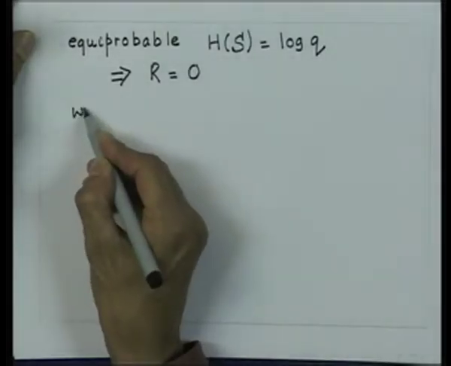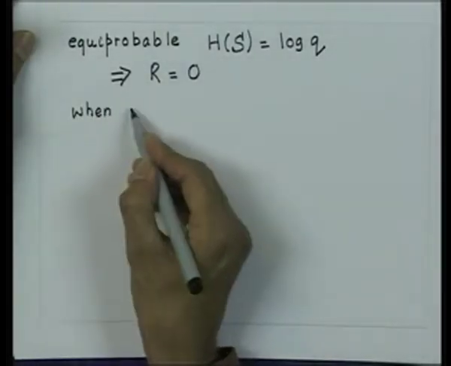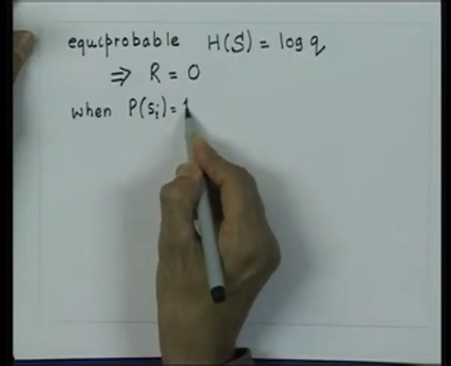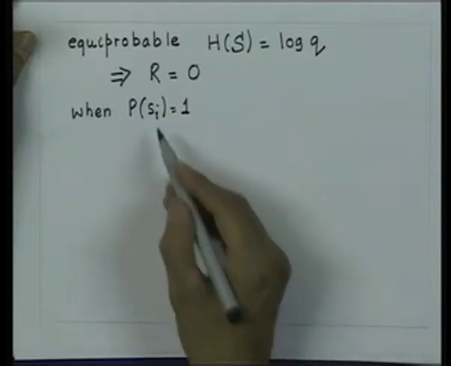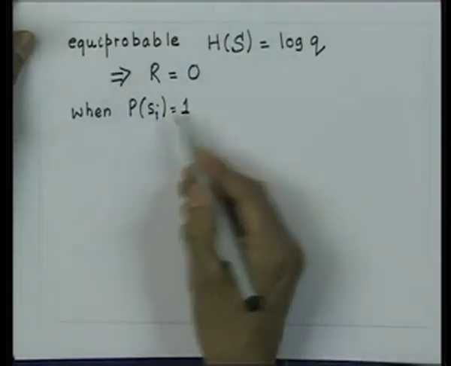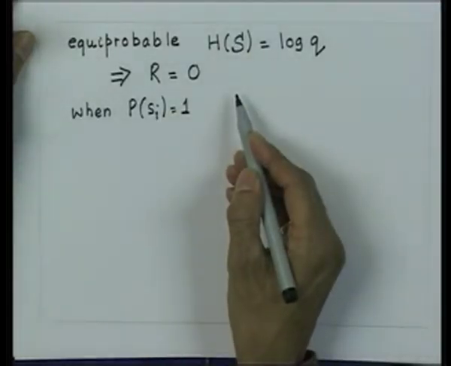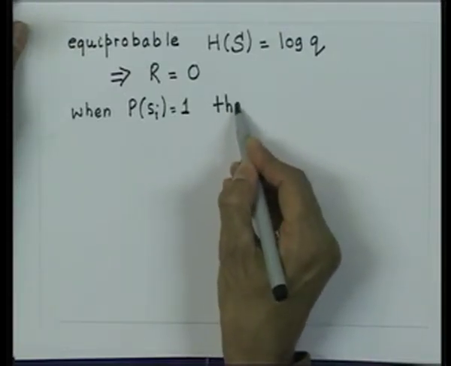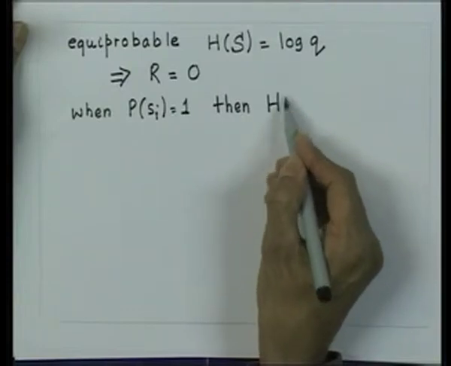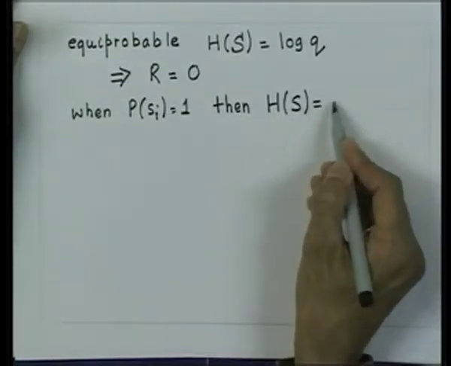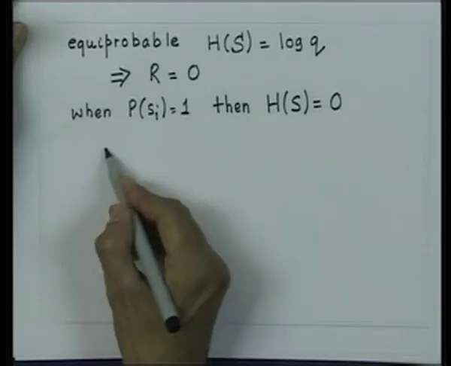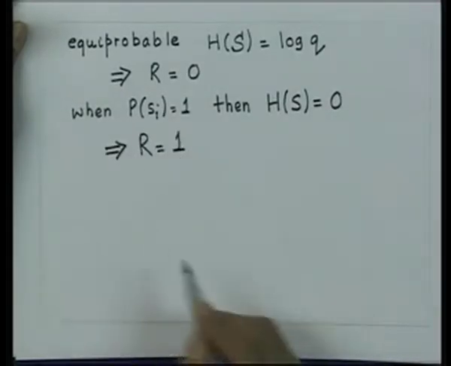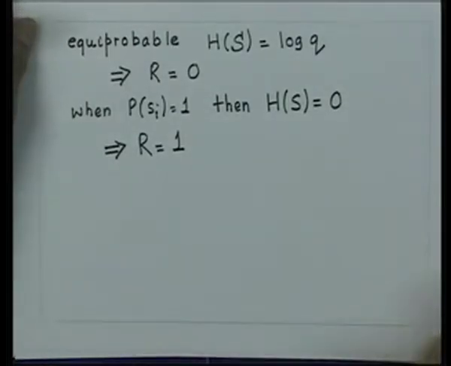When probability of Si is equal to 1 for some symbol Si in the alphabet S, then Hs is equal to 0, and this implies that R is equal to 1.